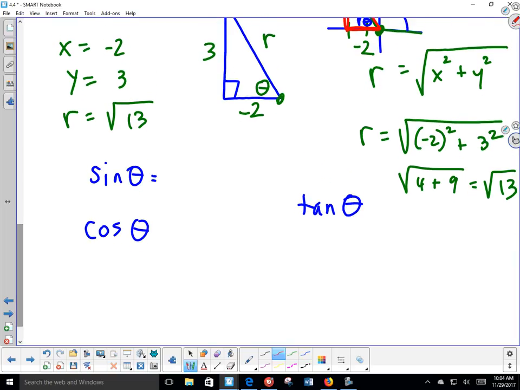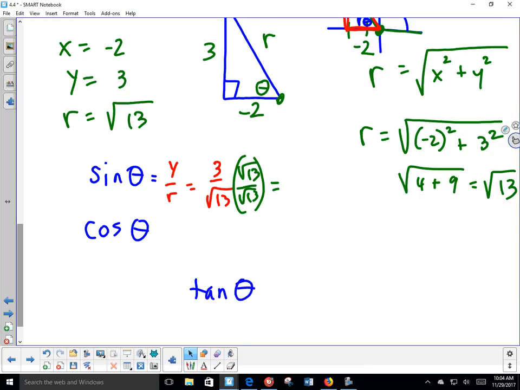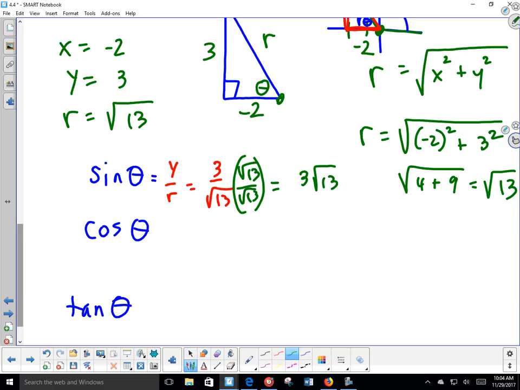It's y over r. So that's going to be 3 over the square root of 13. Of course, we're going to simplify this and multiply by the square root of 13 over the square root of 13. So you have 3 times the square root of 13 over 13. Are we okay with this?